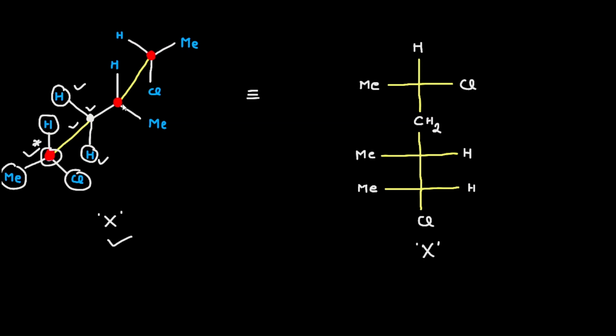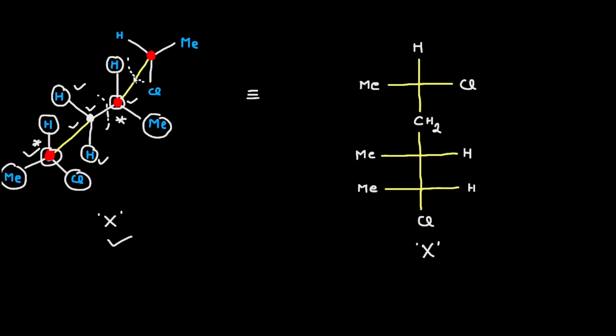Now, moving one position ahead, if you try to investigate this particular carbon, again you find that this is a chiral carbon. Why? Because again you find four different groups: hydrogen, this whole group, methyl, and this group. So all the four groups attached with this carbon are different. Therefore, again it's a chiral carbon.